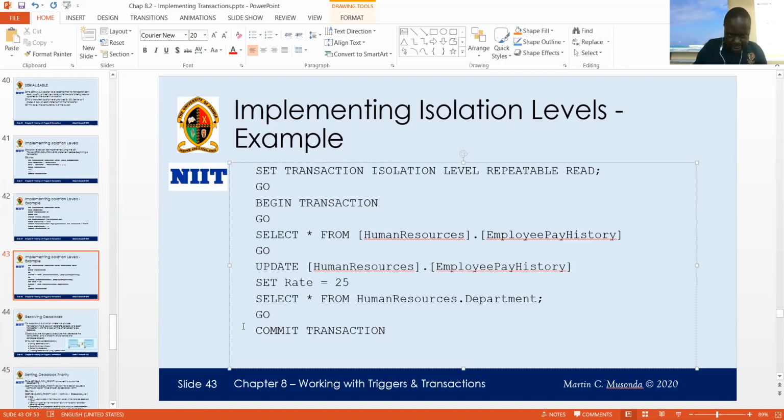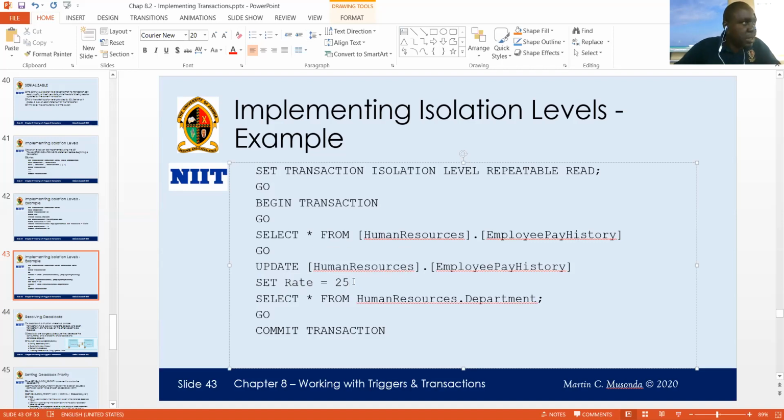Okay, I'll illustrate. But basically what I'm doing here is I have a table called employee pay history. I select all the data from it. Then I update this table where there's a column called rate. I've set every value to 25 because I haven't put a condition.